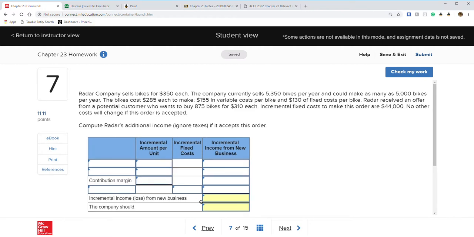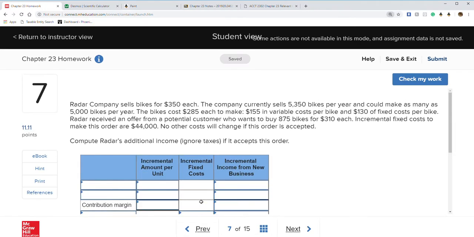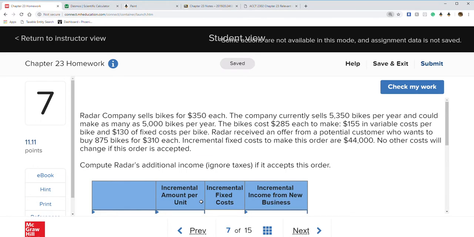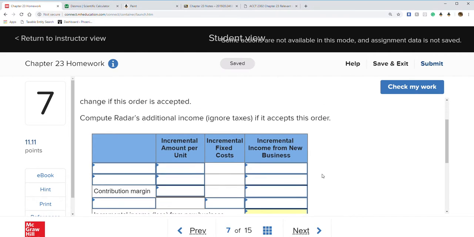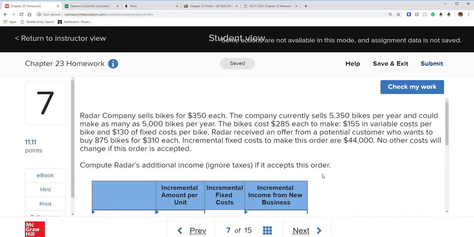So, we start off with question number 7. Again, let me zoom this in for y'all. Question number 7 is dealing with Radar Company, and they're selling bikes for $350 each, and they sell about 5,350 per year, and they make as many as 5,000 bikes per year.